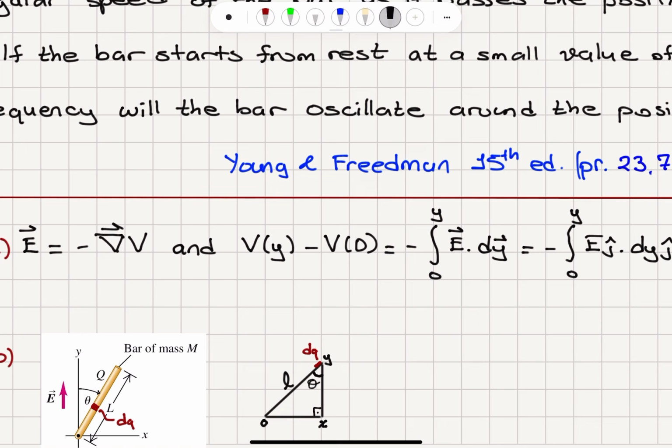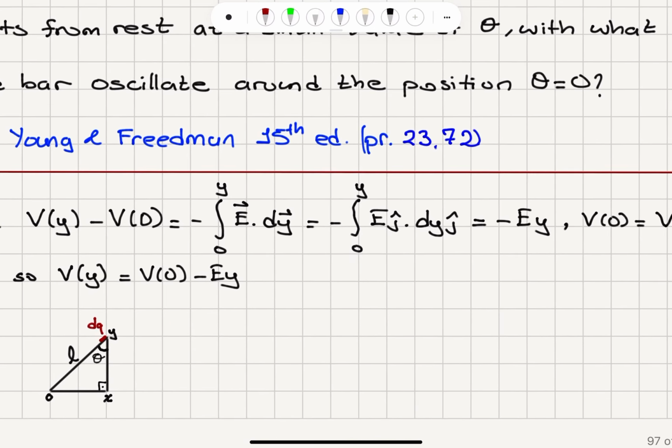So what do I find? I find that V at position y minus V at y equal to 0 is equal to minus E y.